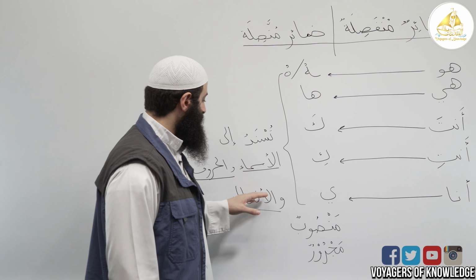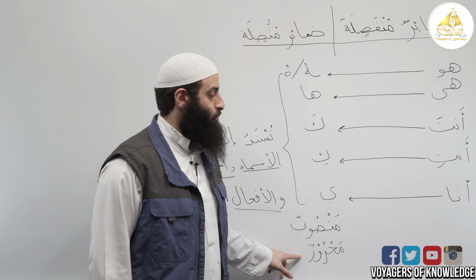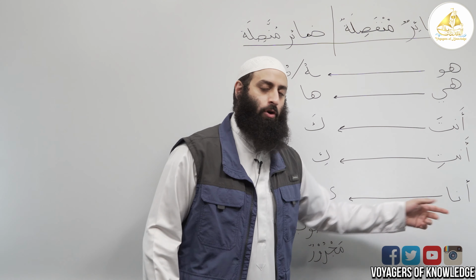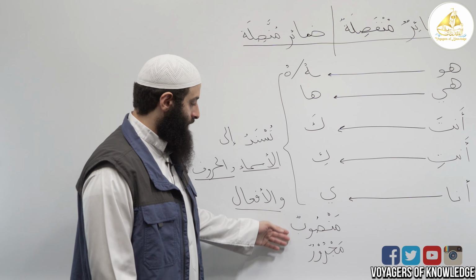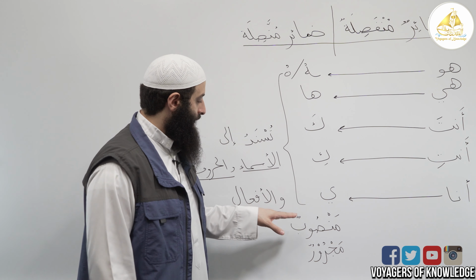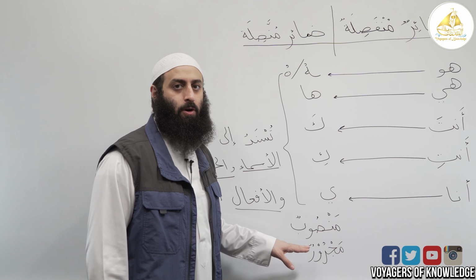But when they're attached to any one of these, they're going to be mansoob and majroor, not marfu', which is in the nominative state. They only come when they're attached either in the accusative or the genitive, mansoob or majroor.